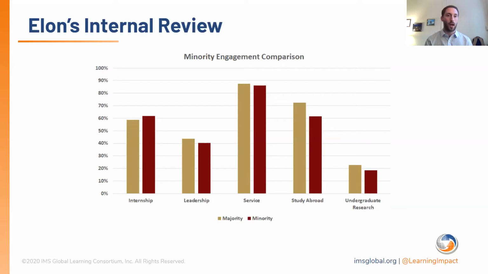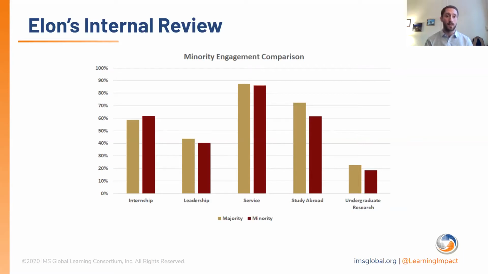This is also an internal way for Elon to consider our diversity, equity, and inclusion goals through our strategic plans, through our goals as an institution for educating our students, so that we eventually build up our experiences into a robust data set to be able to mine and find some of those correlations or associations between the different experiences.